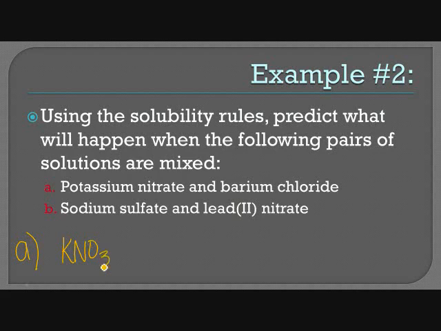And these are all solutions for the reactants, so I know it's going to be aqueous for both of the reactants. Okay, and that's mixed with barium chloride. Barium has a +2 charge, and chloride has a -1, so that'll be BaCl2, and I know it's aqueous because it's the reactant.